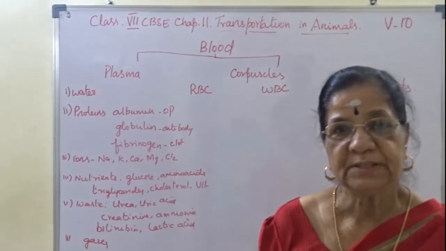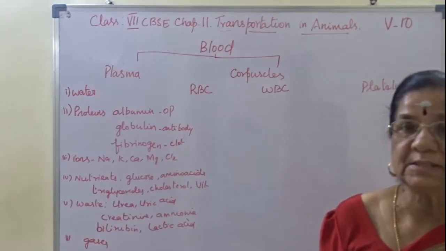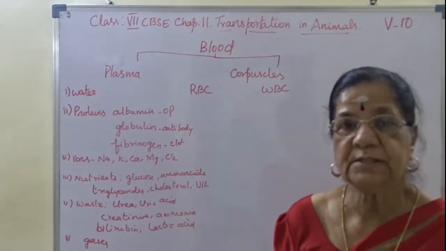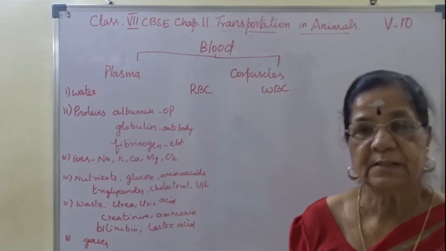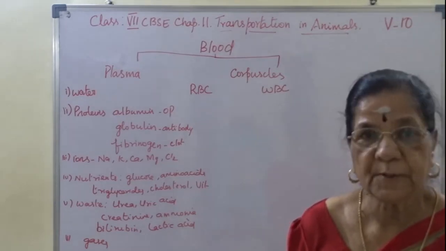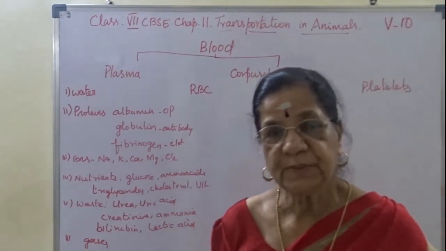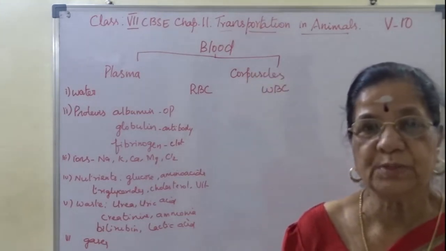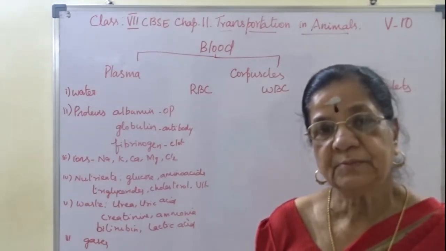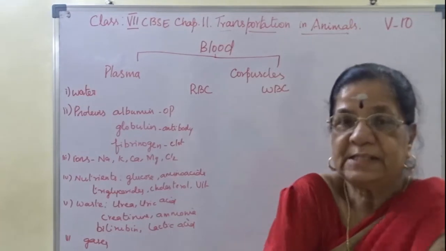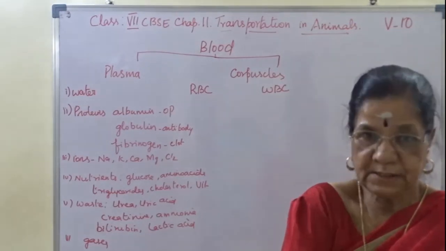I hope you remember this. Then the internal structure: chambers of the heart, right atrium, left atrium, right ventricle, left ventricle. Next, valves of the heart: the tricuspid valve, where the right atrium opens into the right ventricle, and the bicuspid valve, where the left atrium opens into the left ventricle.